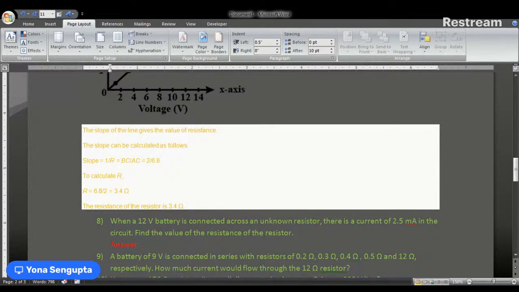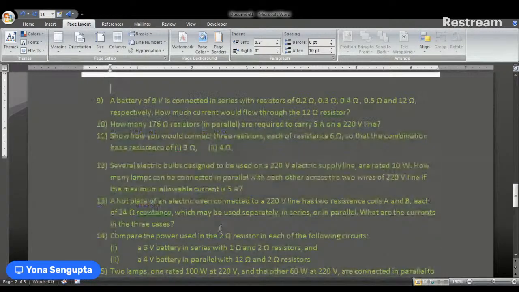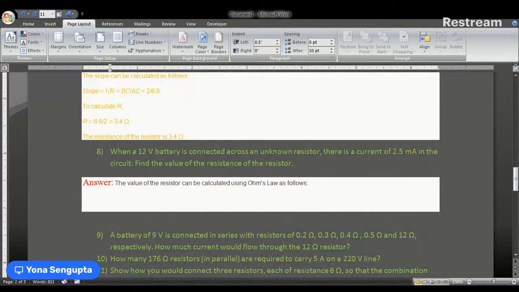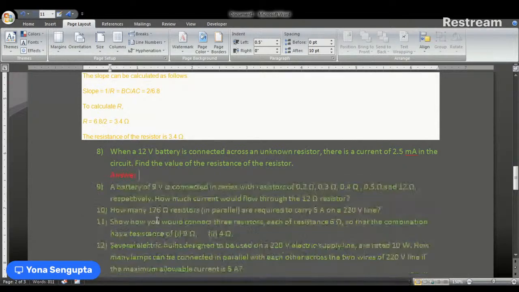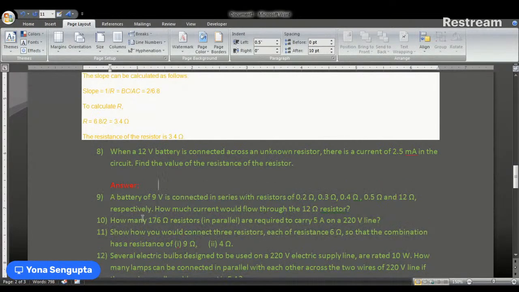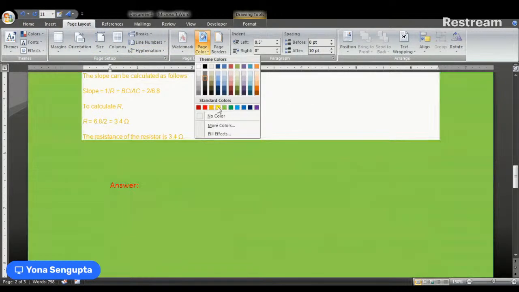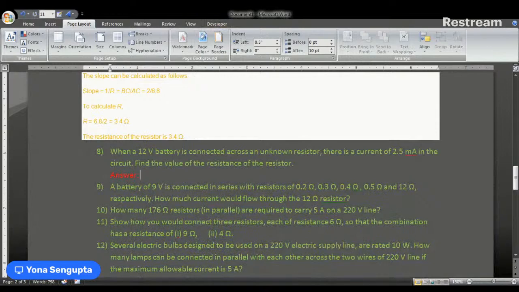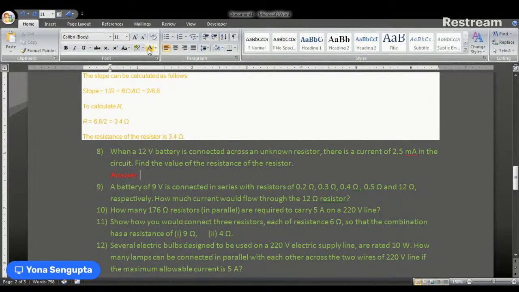We are using here Ohm's law. We are doing this sum using Ohm's law. So first of all, how should you do a sum?